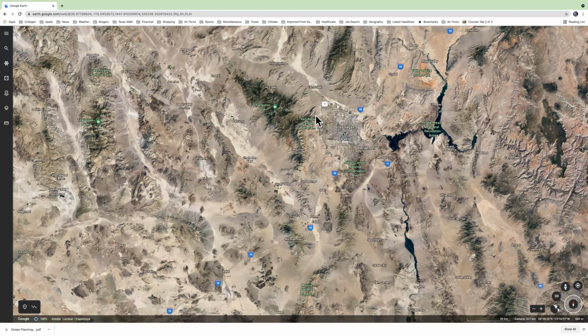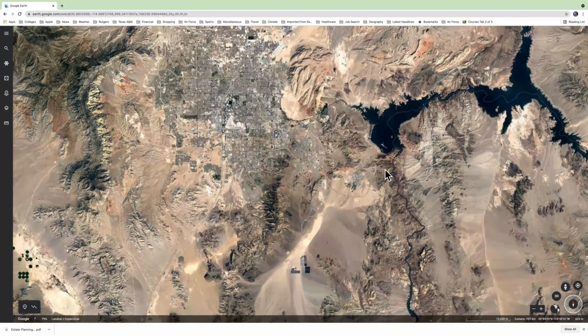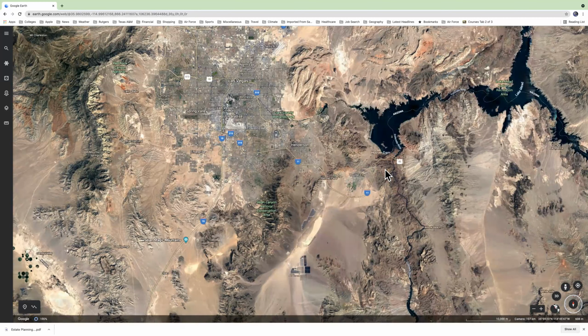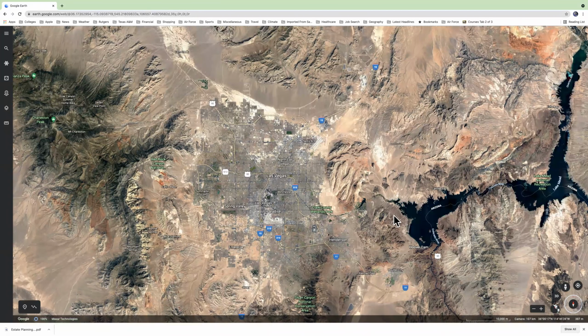In the United States, you also have Las Vegas, not that far from there. It's a bowl, a valley. And here you have, for example, Lake Mead, which is really, really low as far as water level right now. And then you have, of course, Las Vegas itself, which depends on water from Lake Mead in order to sustain itself.